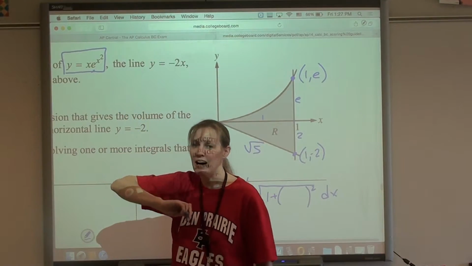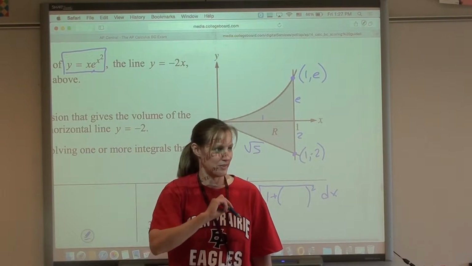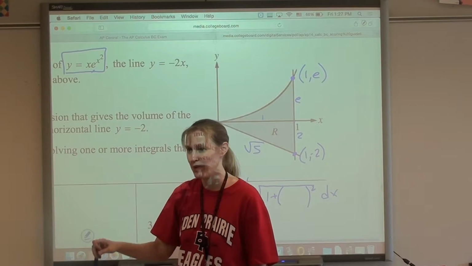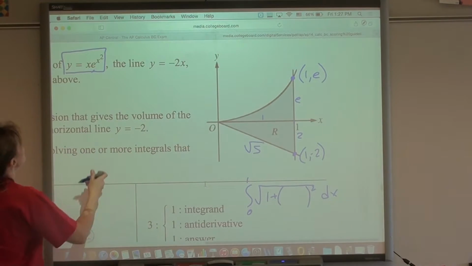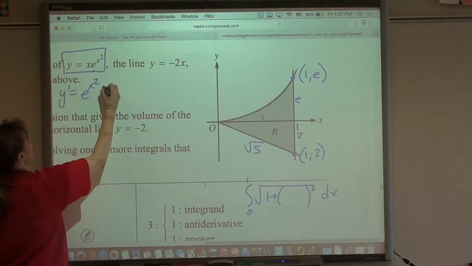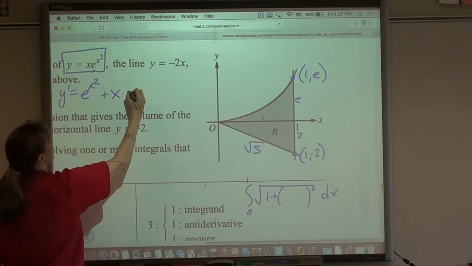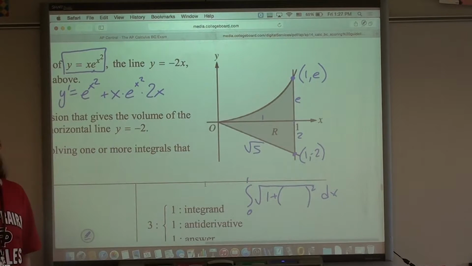What rule do we have to use? Product rule, right? Don't forget product rule. Okay, good. So y prime is e to the x squared plus x times e to the x squared times 2x. So you have to use chain rule.